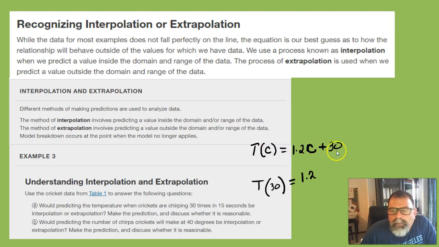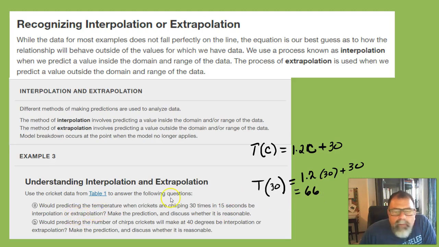So basically you can round the one that I had. 1.2 times 30 plus 30. Is that 36? 1.2 times 30 is 36, plus 30 is 66 chirps in a 15-second interval.